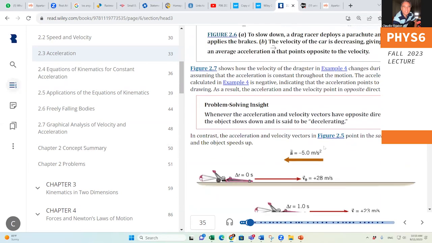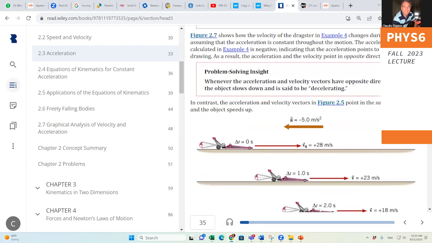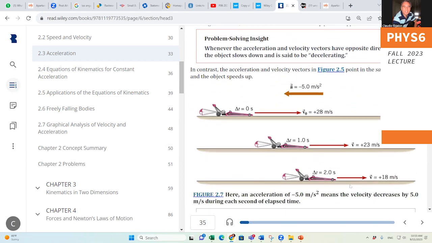And that's the direction of the acceleration. The velocity is to the right, the acceleration is to the left. The acceleration is decreasing this velocity arrow as time goes by. Here you go. At one instant of time it's 28 meters per second, then 23 meters per second. Notice that the arrow is decreasing.